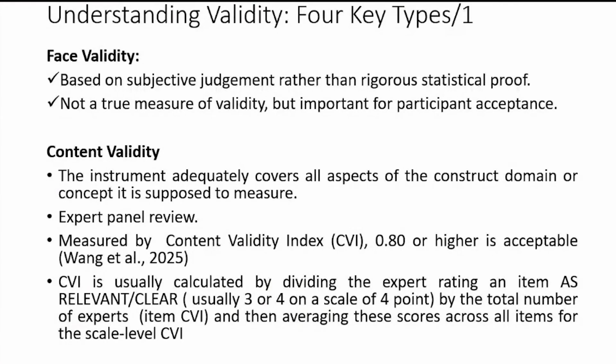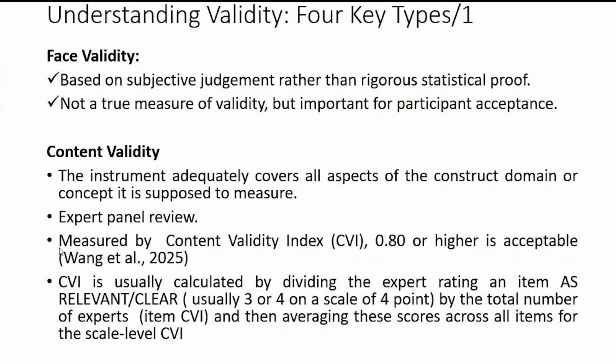Doing that for each of the items, at the end of the day, you sum everything, then you average it. The total score, you average it by 4. Then you get your content validity index for that instrument. So that is how to calculate that.